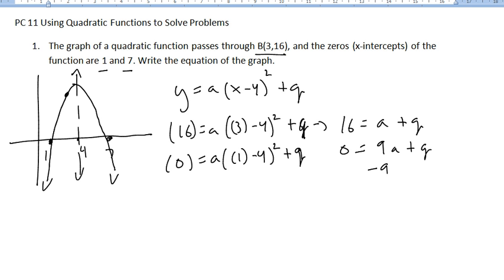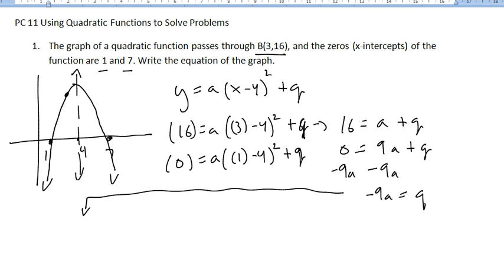So I'm going to subtract 9a from both sides here. That'll give me q equals negative 9a. And now let's move way over here. I'm going to substitute that into my first equation. So I'll get 16 equals a plus negative 9a, or 16 equals negative 8a.